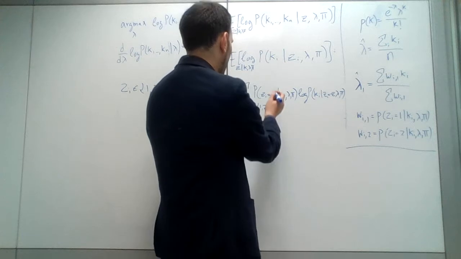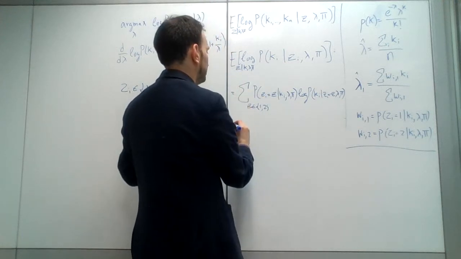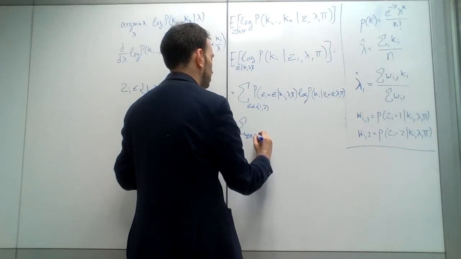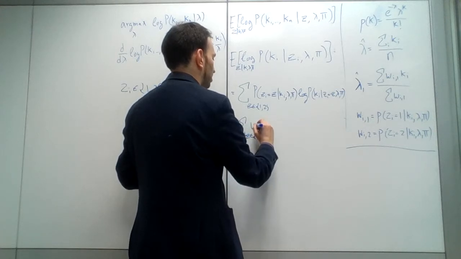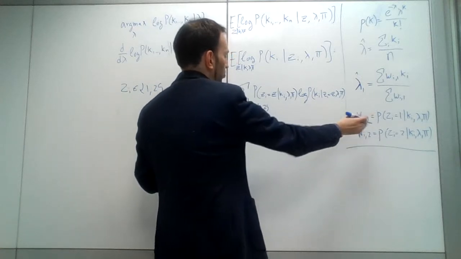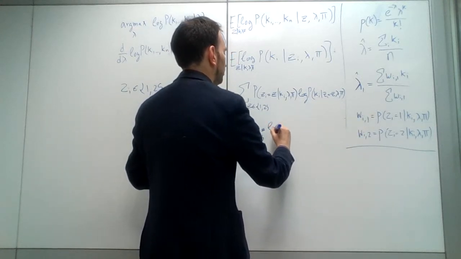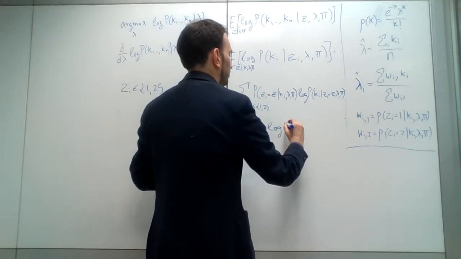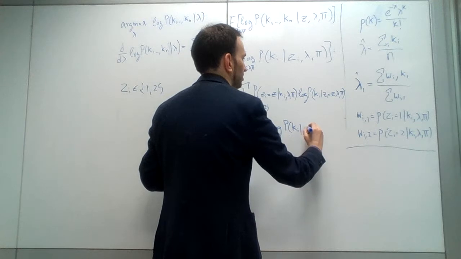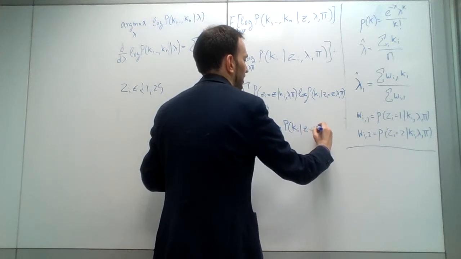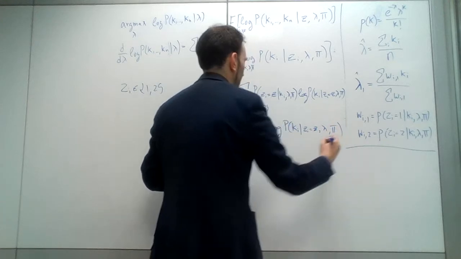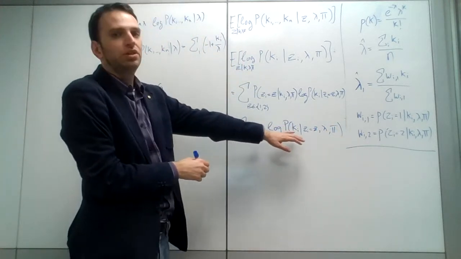So we can rewrite this as the sum, where z is in 1 and 2, of wiz, so this wi1 or wi2, times the log of p of ki given zi equals z, lambda, and pi. Okay, so this is not a number, this is a formula.